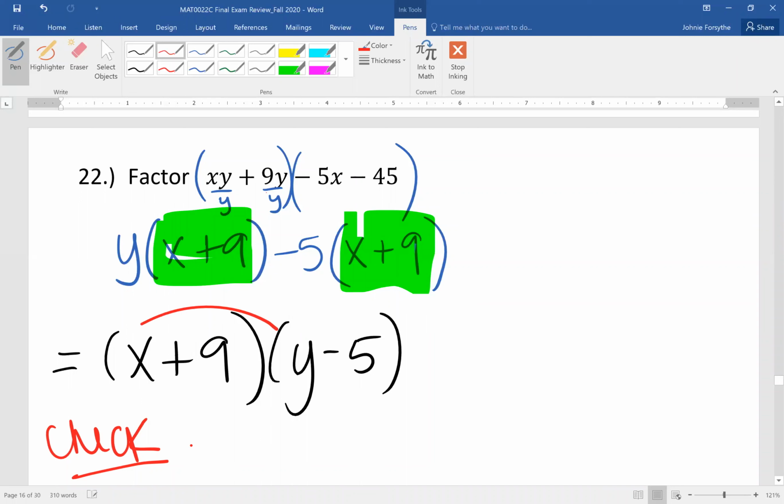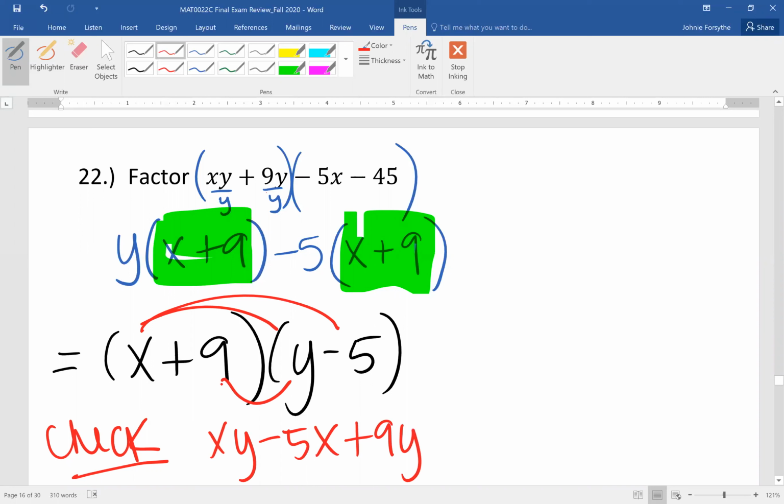So x times y is xy, x times negative 5 is negative 5x, 9 times y is positive 9y, and 9 times negative 5 is negative 45. And even though it's not written exactly like it was up here, we know it's the same thing. So we know that we're good to go. So that's factoring by grouping when you have 4 terms.